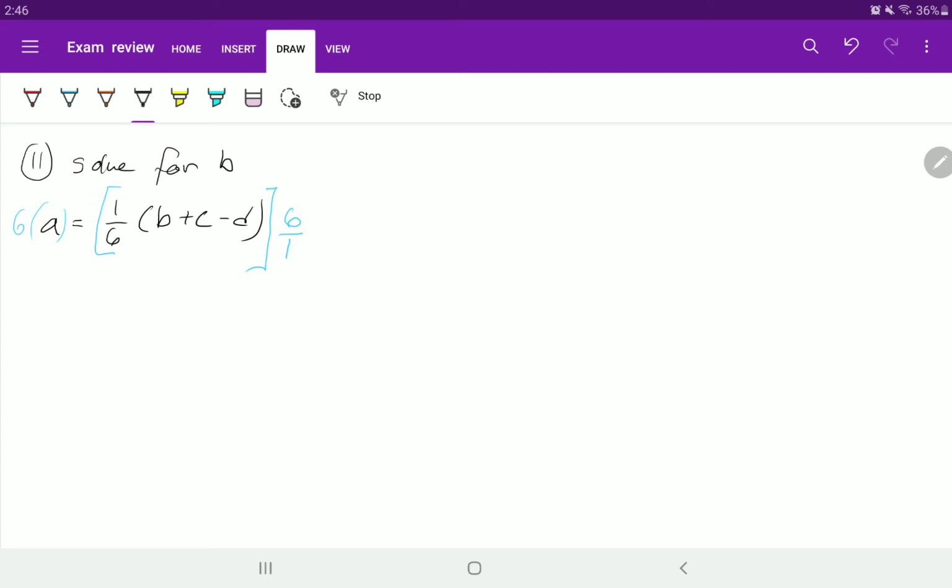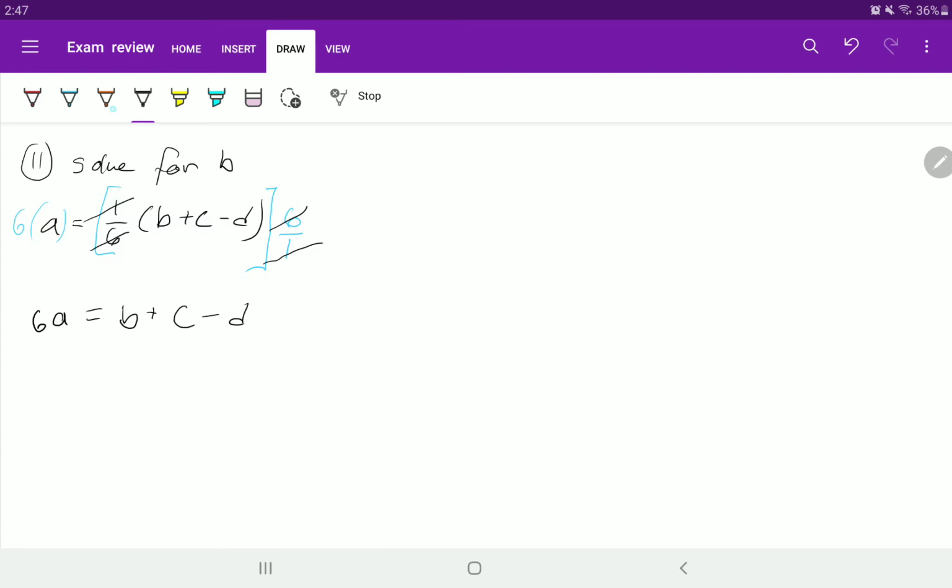On the left side, we have 6a equals, well, the 1 on top simplifies with the 1 in the denominator. The 6 in the numerator simplifies with the 6 in the denominator. So you're left with just b plus c minus d.